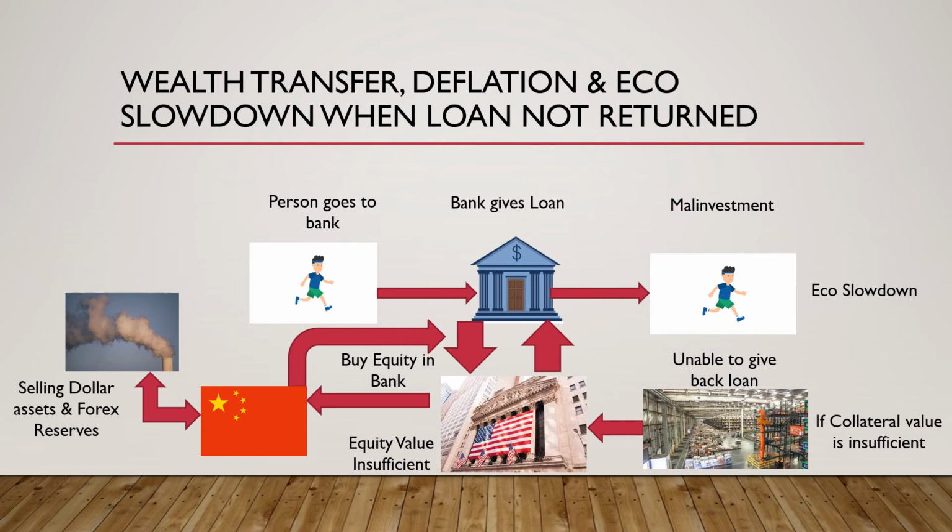And the prime way it's going to do that is by selling the dollar and its forex reserves, which are in the form of US debt and foreign equities, which will then decline in price.